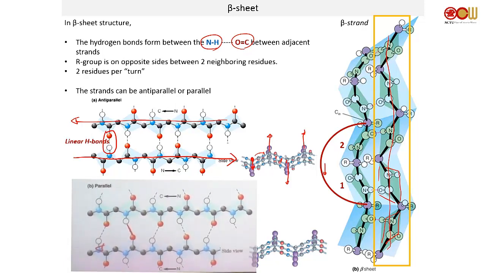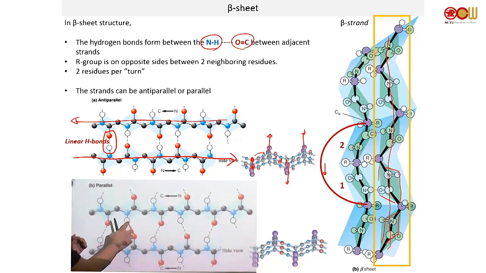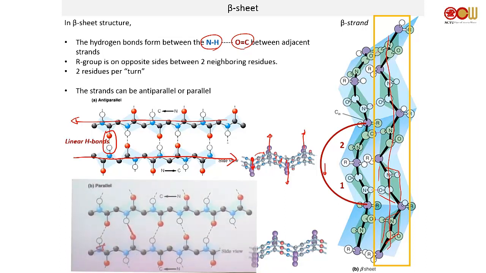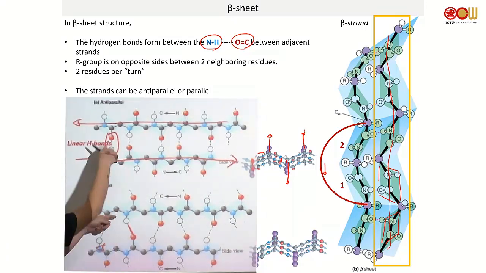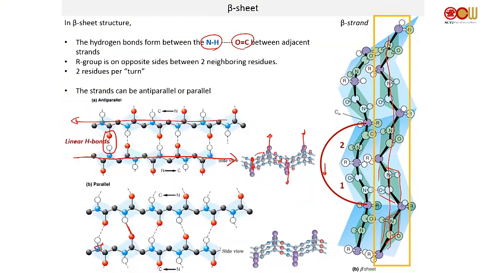Make sense? You can split the interaction into the y component and the x component. Because this interaction is slanted, the y component is going to be smaller than that one. So if you want very tight binding, you're probably looking at linear hydrogen bonds, and that's why you need an anti-parallel beta sheet.